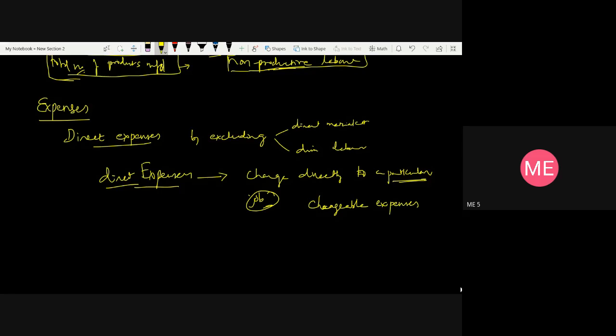Some examples: expenses incurred on conducting experiments.